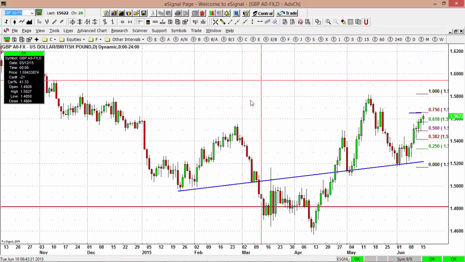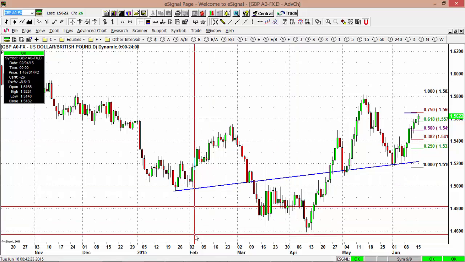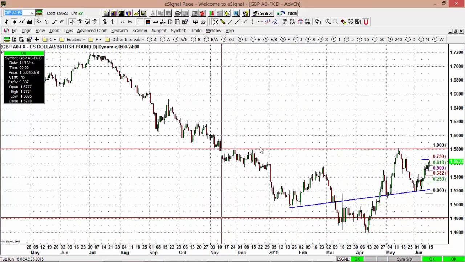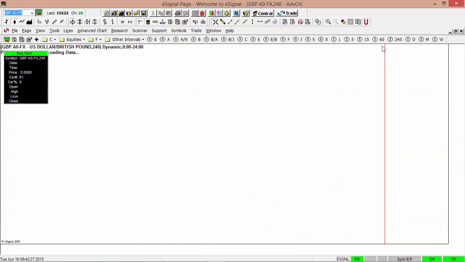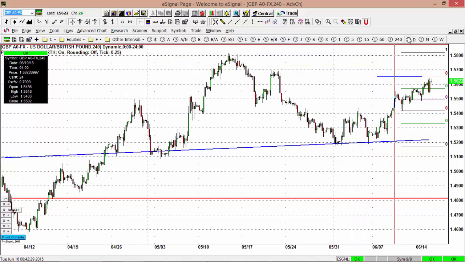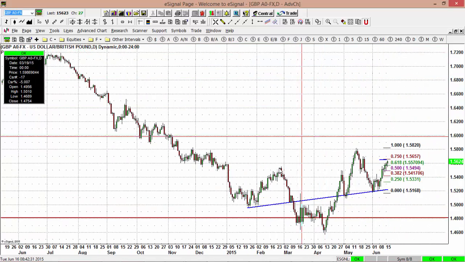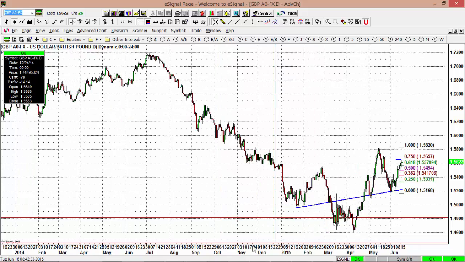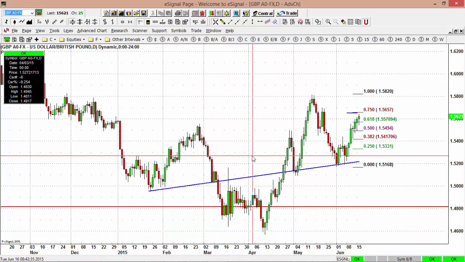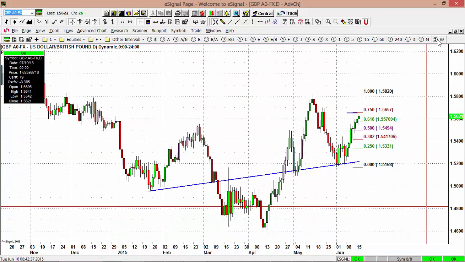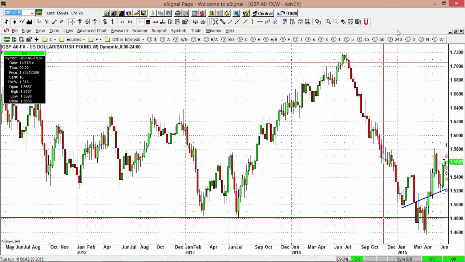Taking a look at the British pound, we're still playing this reverse head and shoulders pattern, and the market is actually up today. Remember, I've been saying over the last couple of sessions that the British pound has been fairly strong, and that is seen today also.